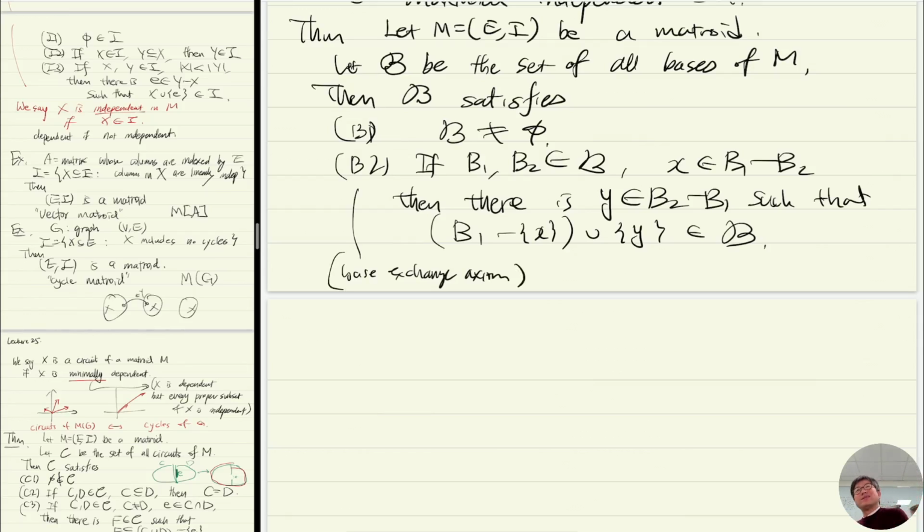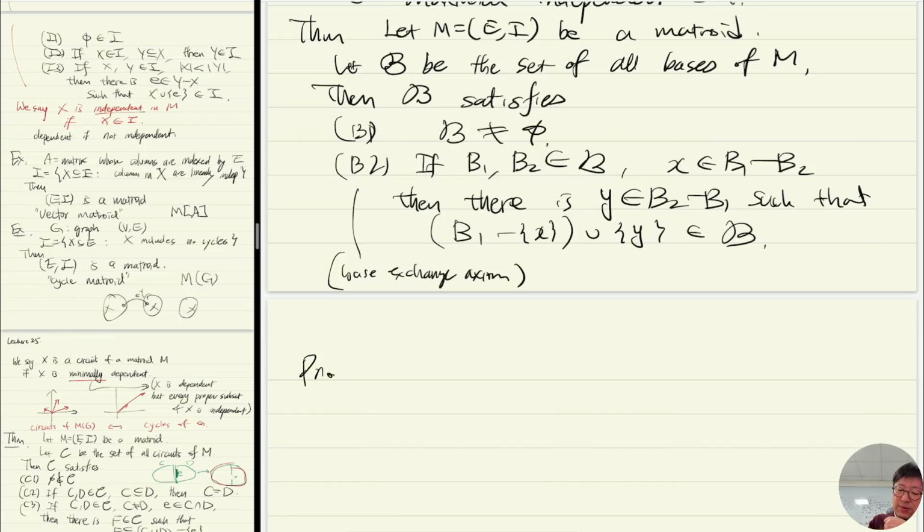And this is the non-trivial part. So if you have two bases, and some element in B1 minus B2, then you can delete that element and extend it by some other element.